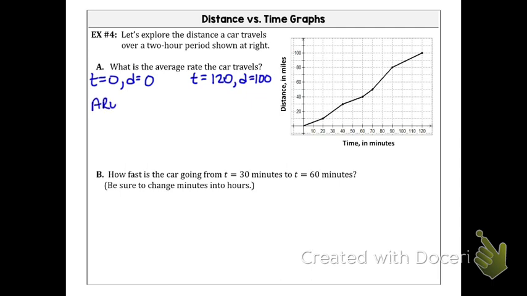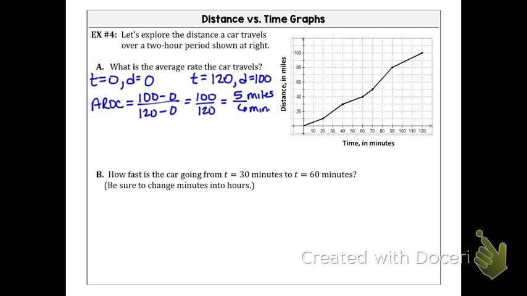So for my average rate of change, let me do y2 minus y1 over x2 minus x1. See, our y's was a distance, so that's in miles, and the x's were the time, which is in minutes. So they went 5 miles every 6 minutes.